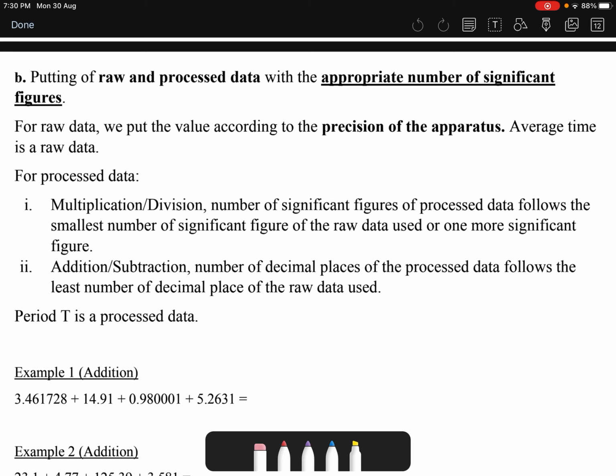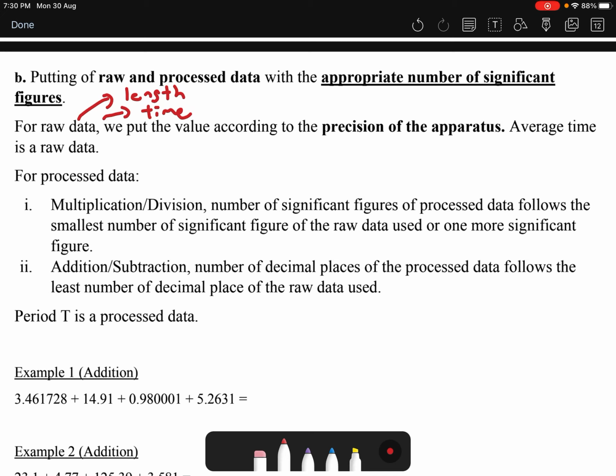Alright, okay, so first of all, what is raw data? So raw data is basically our length. So the length we measure, right? The timing, the time. So when we are dealing with length and timing, it's important to follow the precision of your apparatus. So for the example of a stopwatch, the precision is around 0.01 second, right?